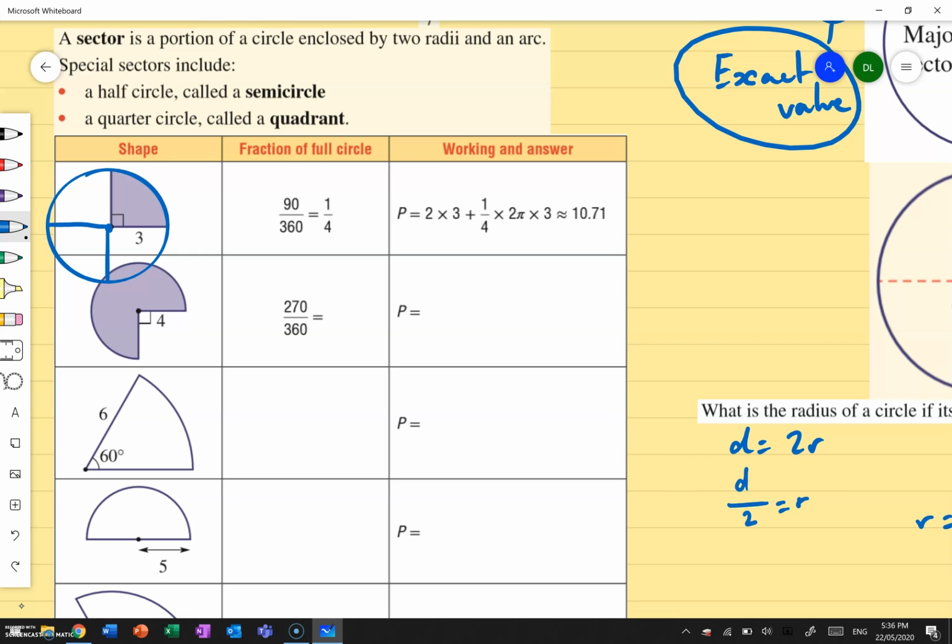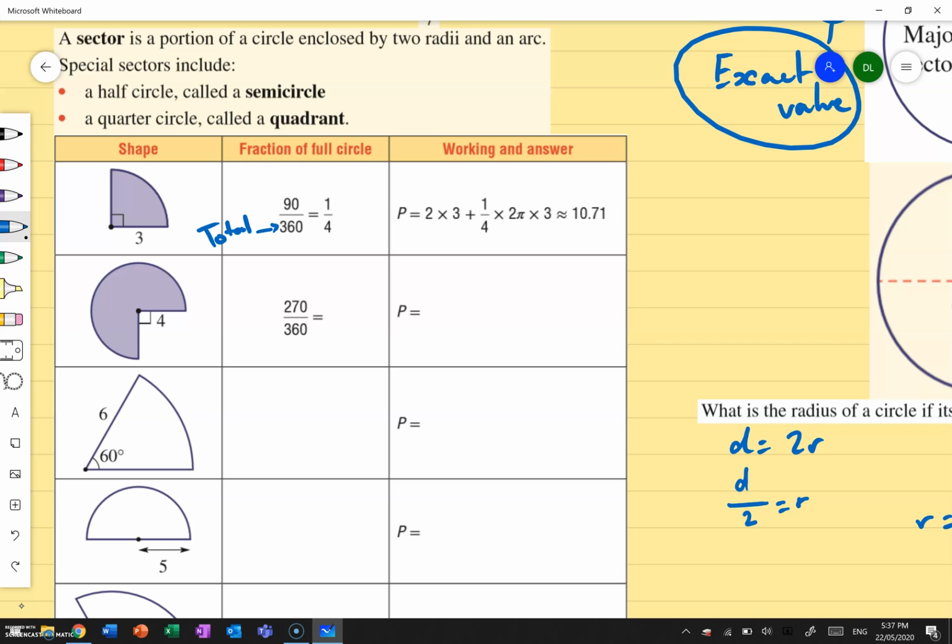So the fraction of the full circle is a quarter. In other words, from our understanding of angles, we know that's a right angle because it's a quarter. So it's 90 out of a total of 360 degrees, and that simplifies to a quarter. There are different ways of doing that.